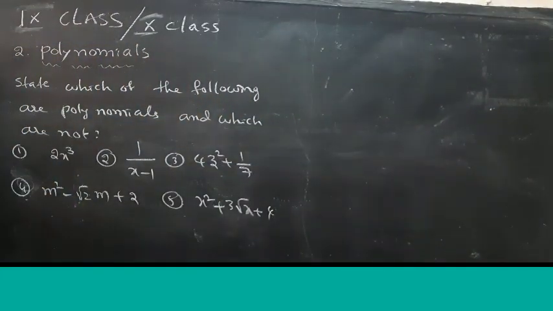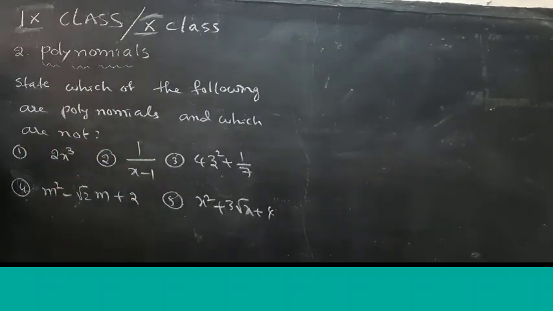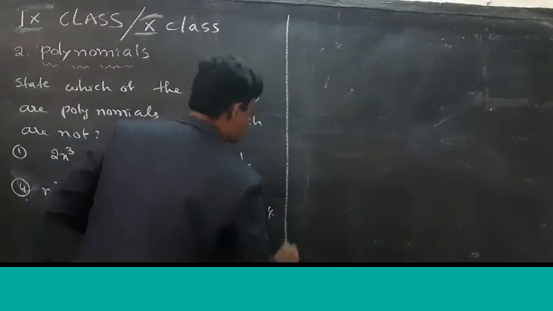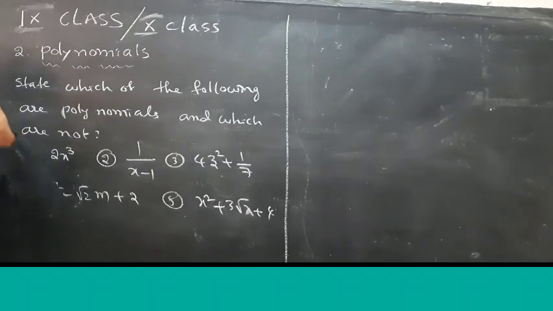State which of the following are polynomials and which are not. Here I have 5 questions: 2x cube, 1 by x minus 1, 4z square plus 1 by 7, m square minus root 2 m plus 2, x square plus 3 root x plus 4. So from these, which is a polynomial and which is not? Compulsorily, in a polynomial the variable powers must be non-negative integers.